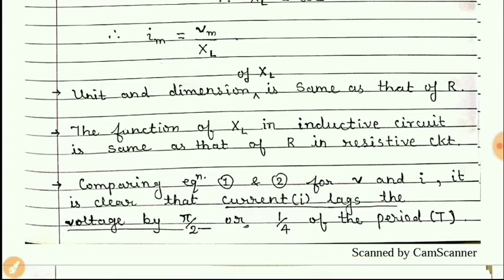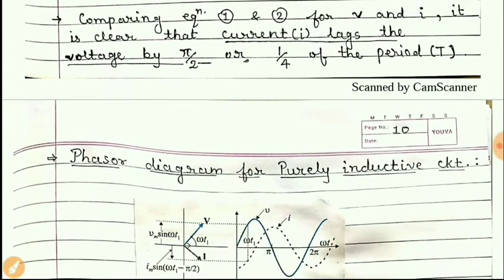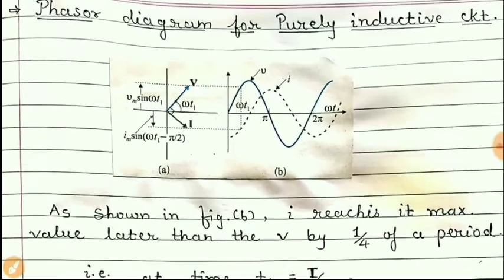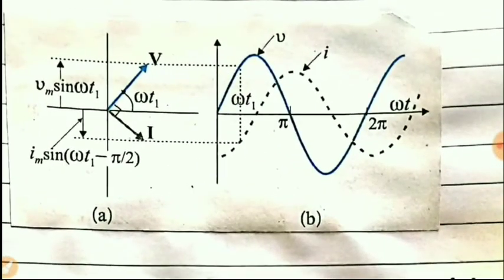You can easily see this from the graph. In this graph, from the equations we can plot the graph of V. The equation of V doesn't change, it remains the same.